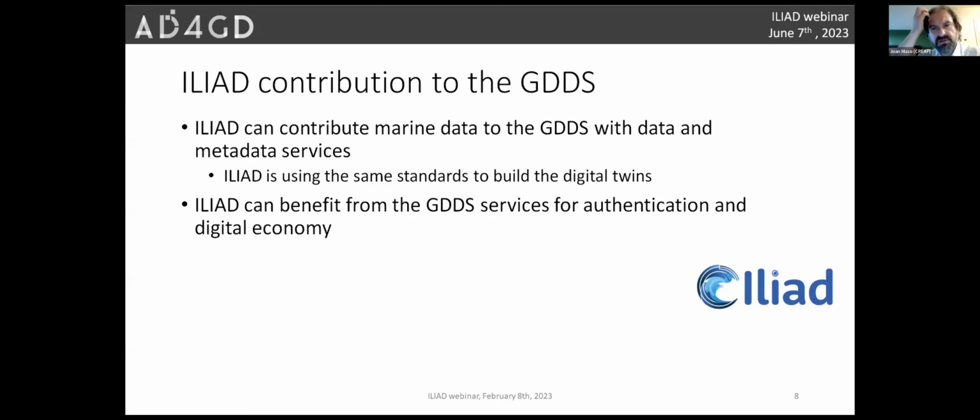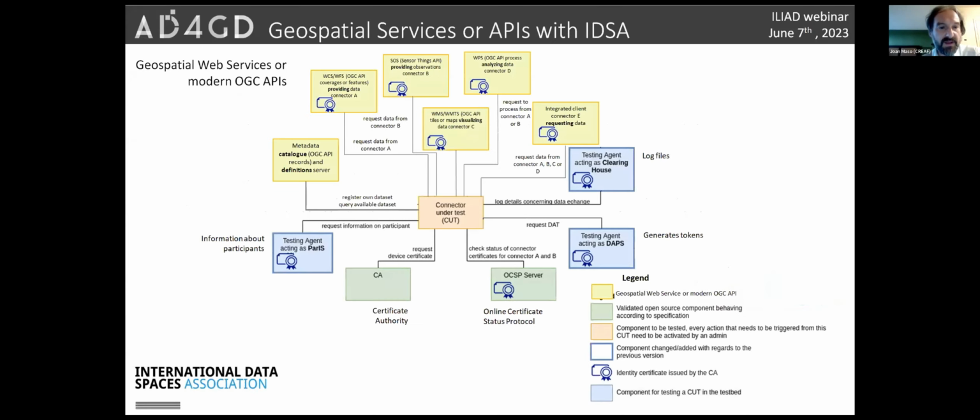by using the authentication services and the services enabling the digital economy that the Green Deal data space should at some point provide. This is a diagram that tries to compete with the complex diagrams from Arne, but fails miserably.